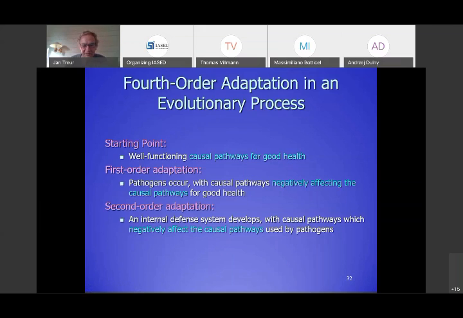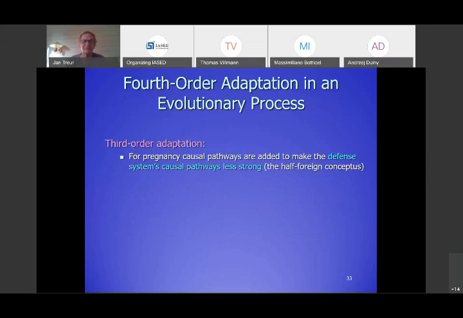So then as a reaction to these pathogens that occurred, there is the immune system, and the immune system has its own causal pathways to disturb the causal pathways of the pathogens. So that's in a sense also controlling those causal pathways again. But then there are still more. We have third order adaptation. At some time, evolution found it a good idea to make people pregnant, at least half of the population.